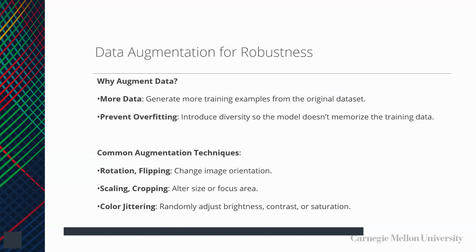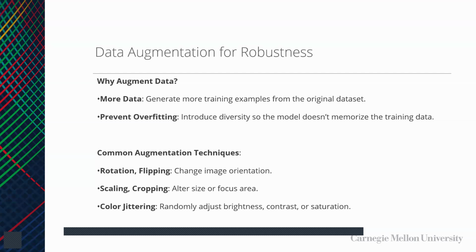So why do we do data augmentation? Data augmentation helps us generate more training examples from the original data set. It also prevents overfitting because it introduces a diverse data set.